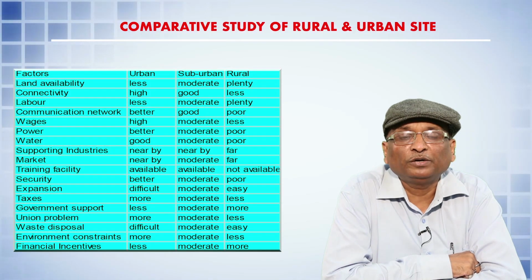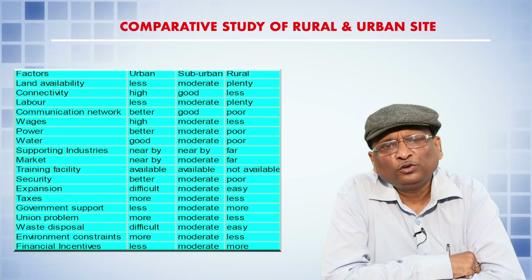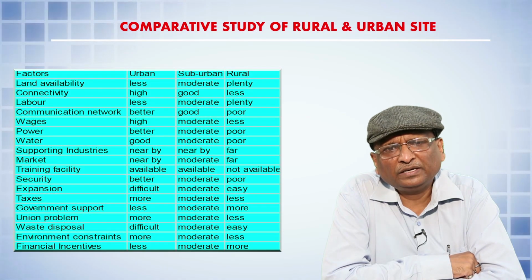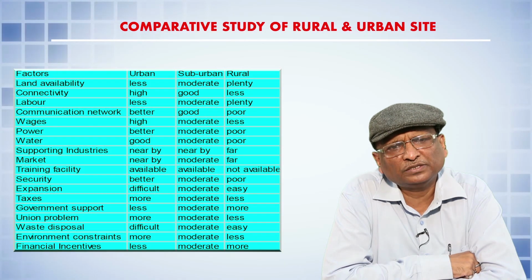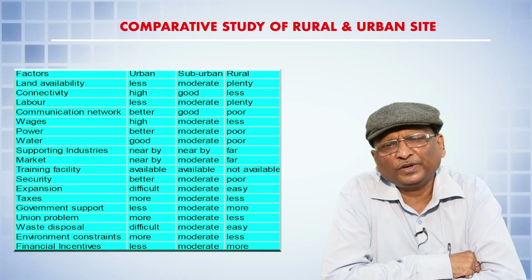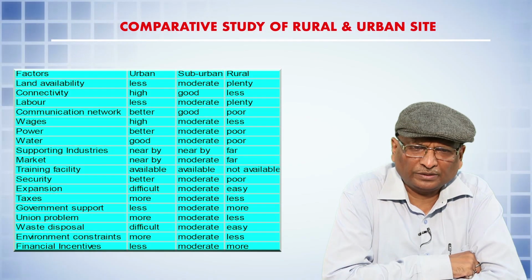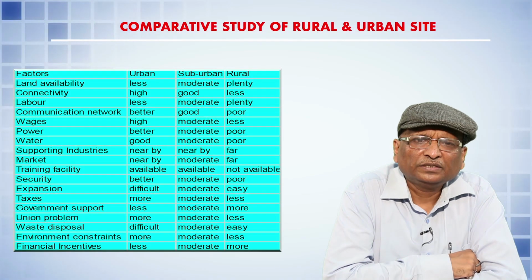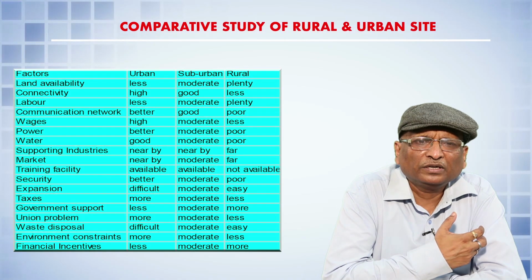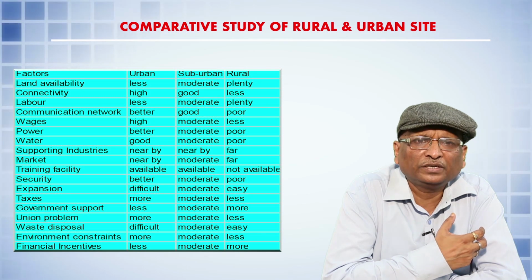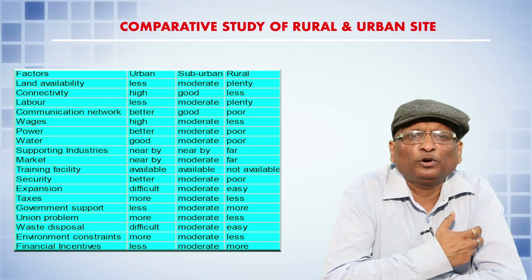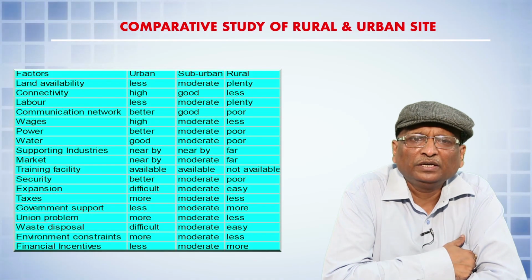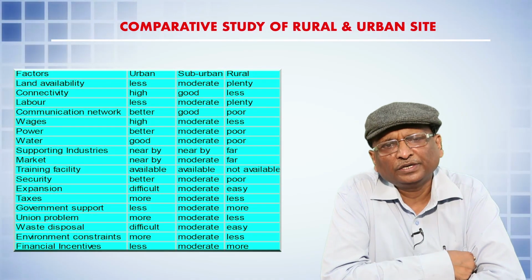Now, another important point is union problem. You will find that a particular area is famous for a specific attitude of the person. That means the attitude of the population also gives a very important consideration in making the facility location decision.